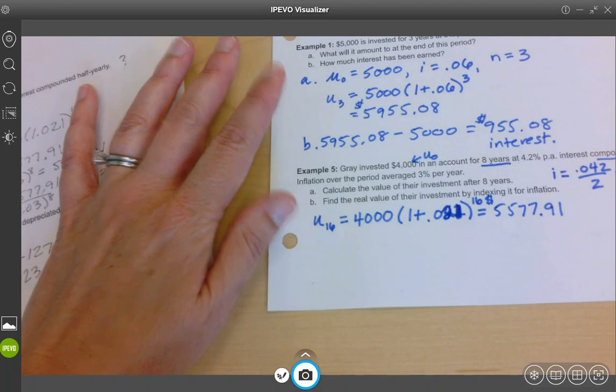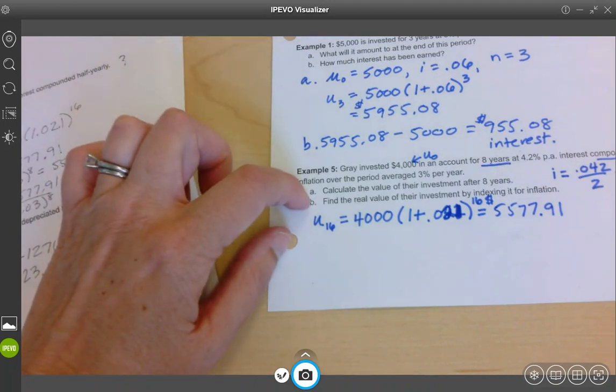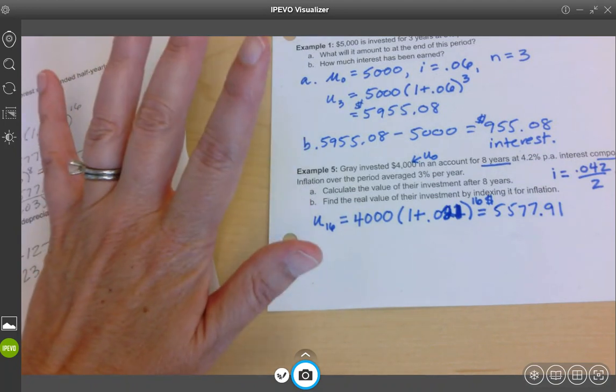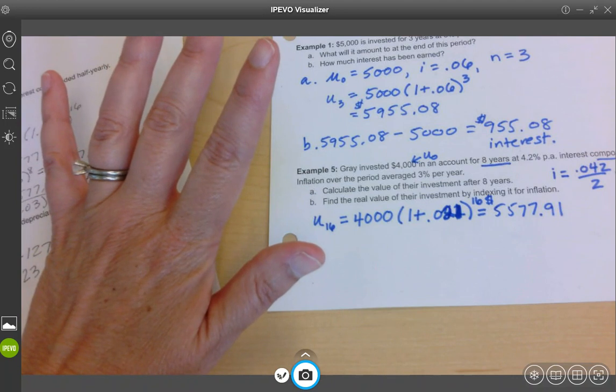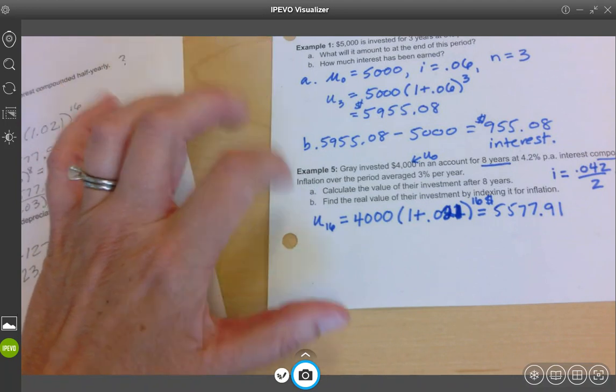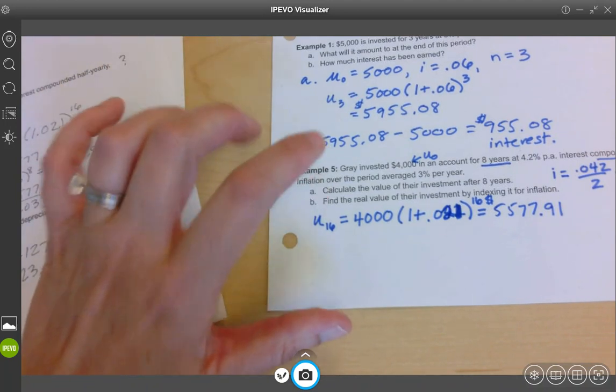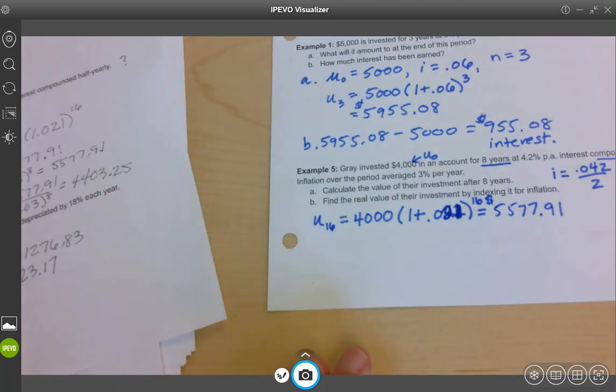Now, this part B is something that your other problems will not have, so you don't have to do this part B again, but we are doing it this time because we're going to adjust for inflation. That means we're going to figure out how much money we would have had if we take out the inflation, like how much did we really increase our investment by?